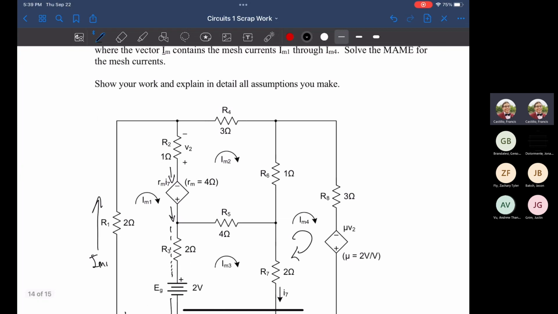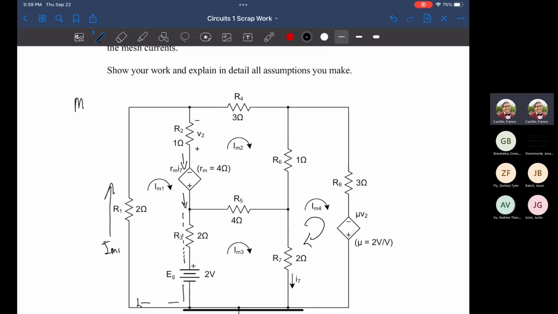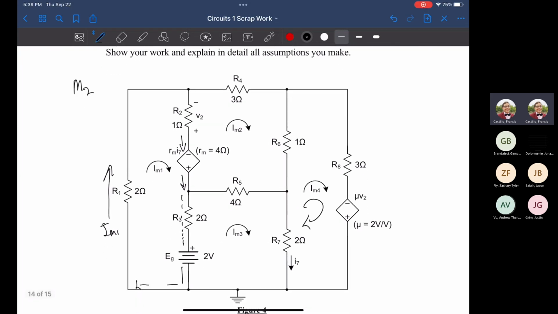So let's start. We're currently looking at mesh 2. For mesh 2, between mesh 2 and 1, we already know there's one component being shared, and that's going to be R2. So we're going to write that there for our first component. Between mesh 2 and 3, there's one component being shared. It's going to be R5. That's going to be in one of our slots for mesh 2.